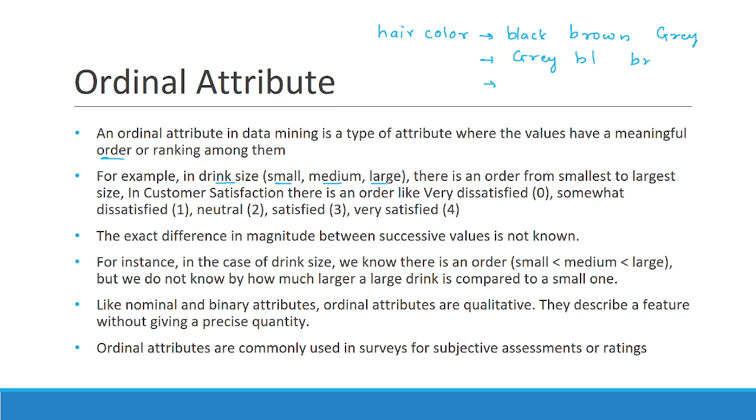So there is an order present. Getting the point? Even if the exact difference in magnitude between values is not known, like we don't know how much smaller small is than medium, or medium than large, we definitely know that small is less than medium and medium is less than large. We know there is an order, but we don't know how much larger the large drink is compared to the small one.